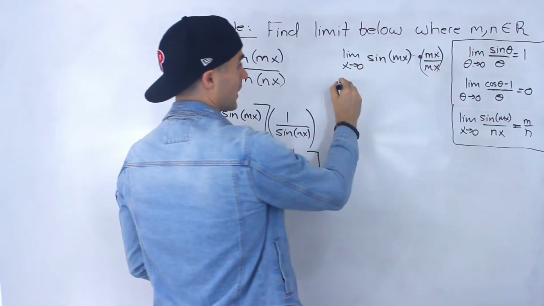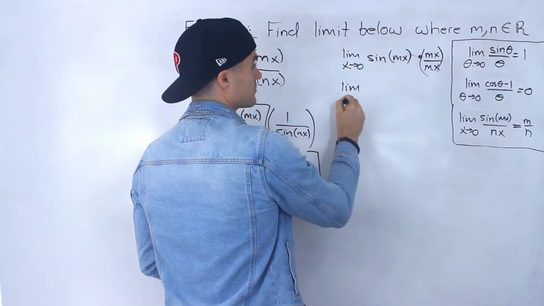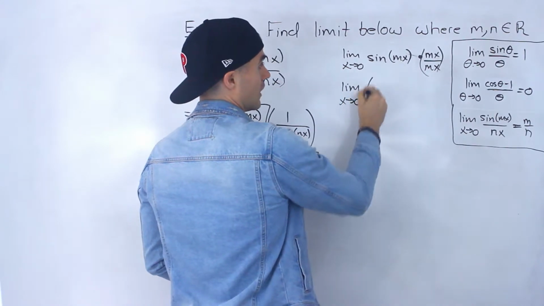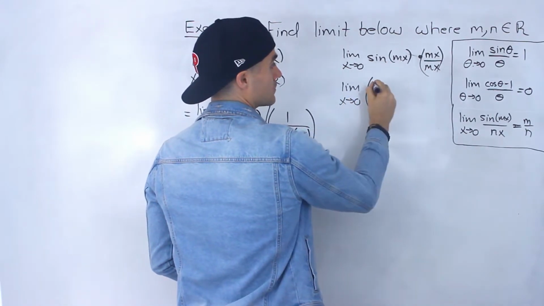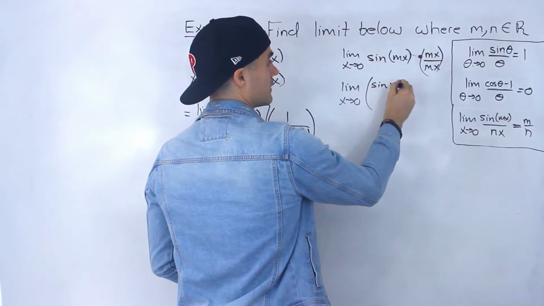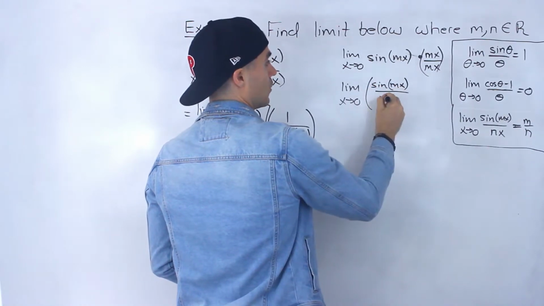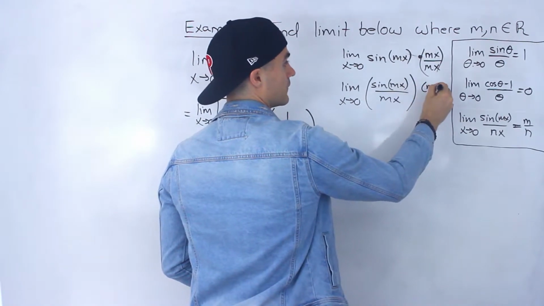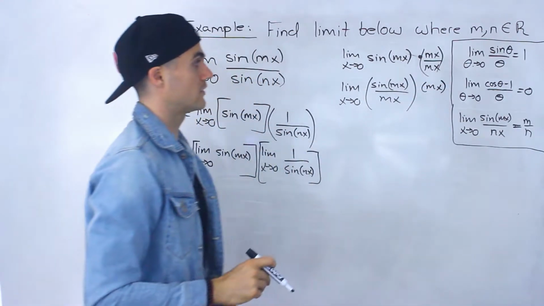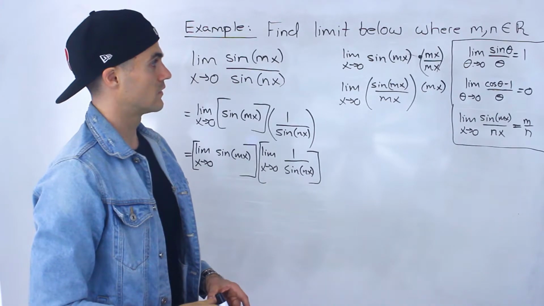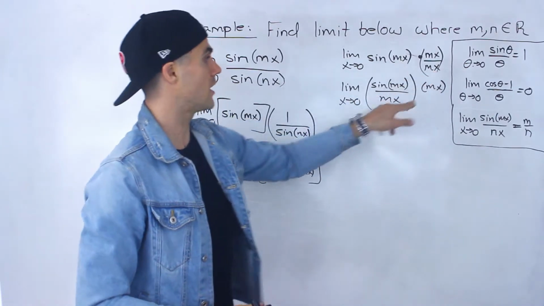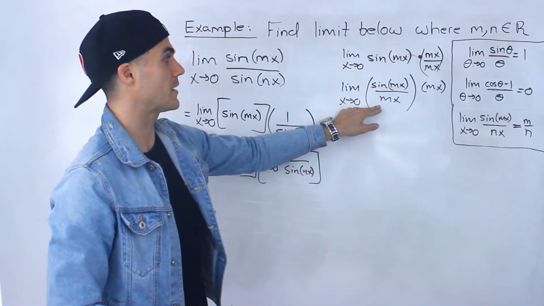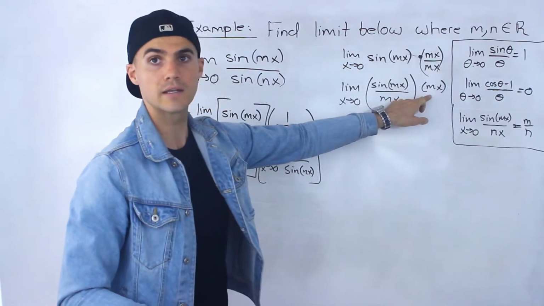And notice what we'll get here: the limit as x approaches 0 of sine mx over mx times this mx that's remaining in the numerator. I took this mx in the denominator and put it under this sine mx, and this mx is still remaining in the numerator.